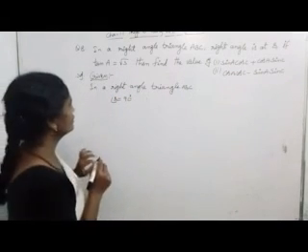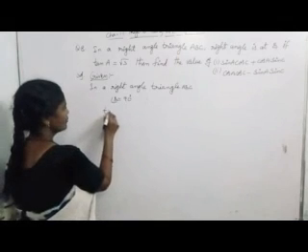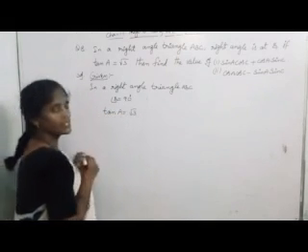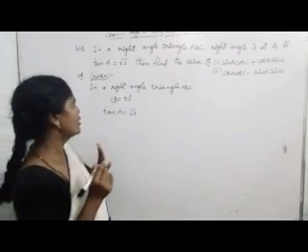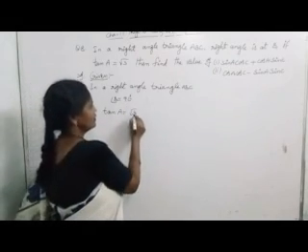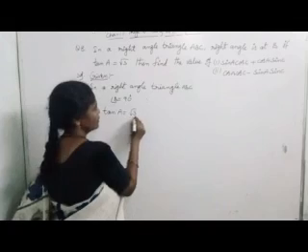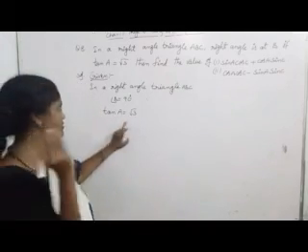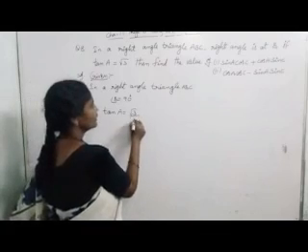After that, tan A is equal to root 3 is given. Denominator is nothing, which means 1 we can write.